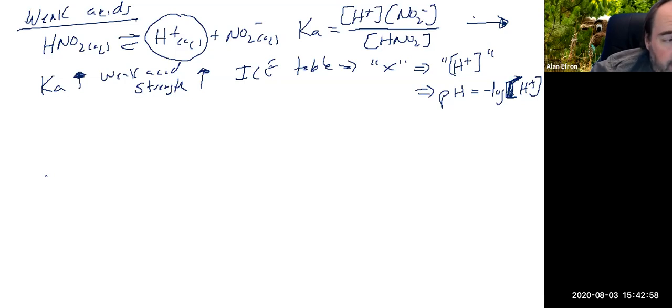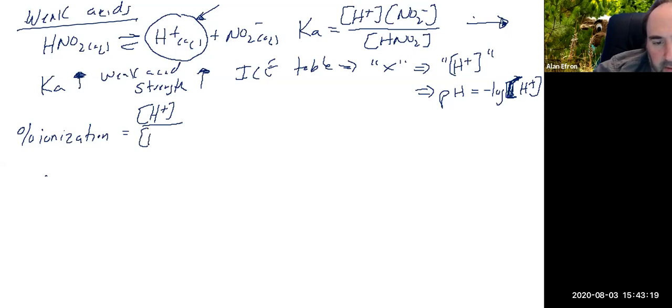Now, when we talked about weak acids, we also talked about the idea of percent ionization. Percent ionization is basically how much of that acid breaks apart into H plus, basically how much it breaks apart into its ions. And the calculated percent ionization is essentially the calculation that you do to check when you make an assumption.